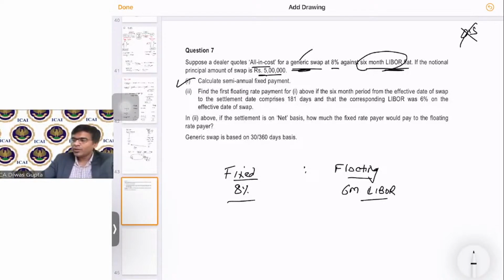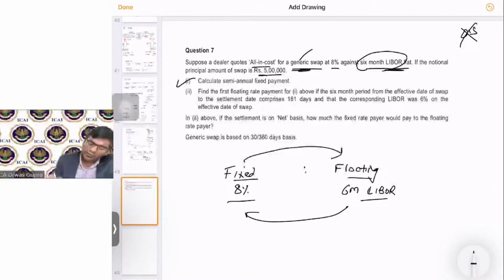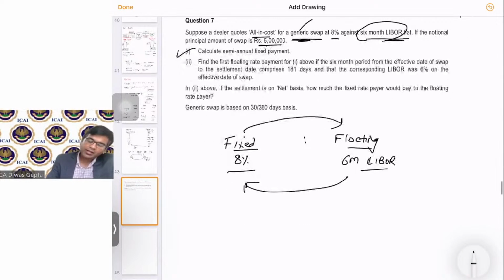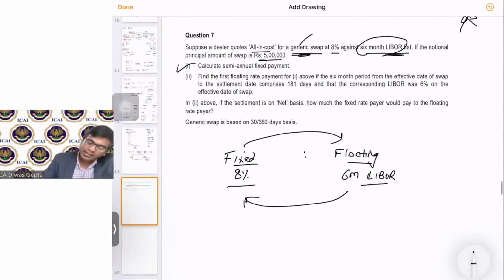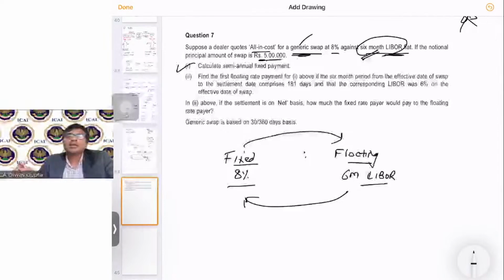So 8% will be swapped against 6 months LIBOR. They're asking us to calculate the semi-annual fixed payments because it's a 6 month LIBOR. Again, I'm assuming that the settlement has to happen in 6 months. The maturity is 6 months here, correct? That will give an indication.